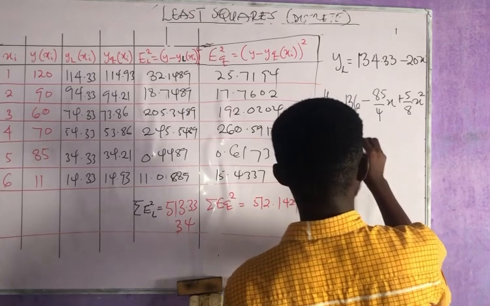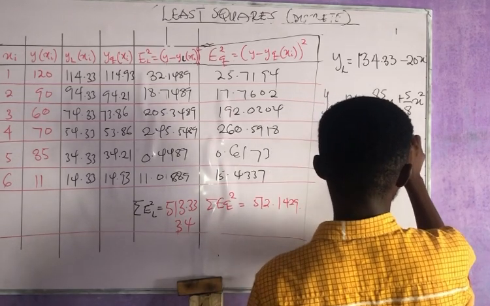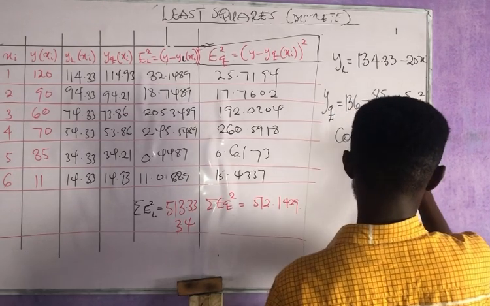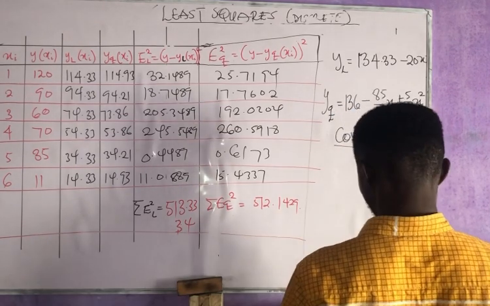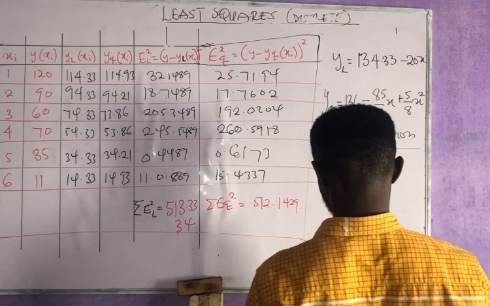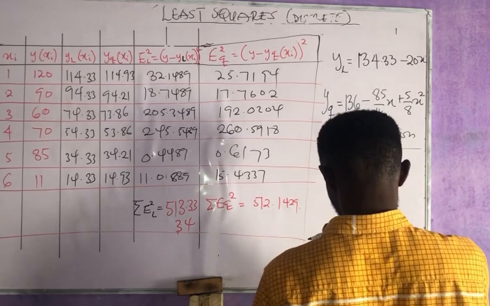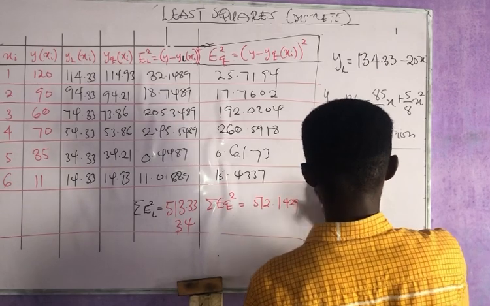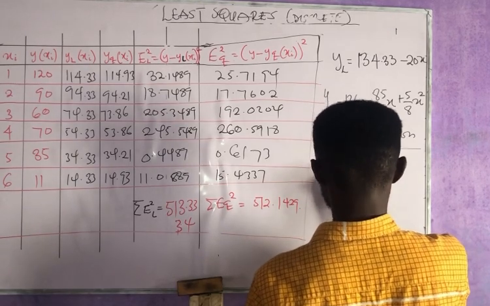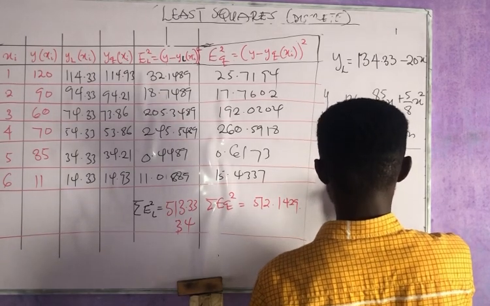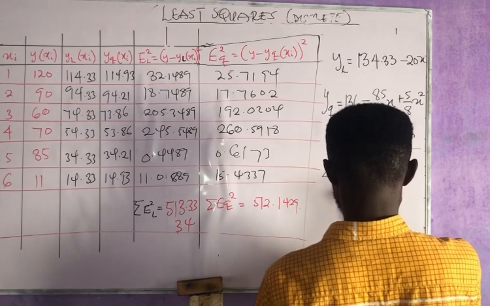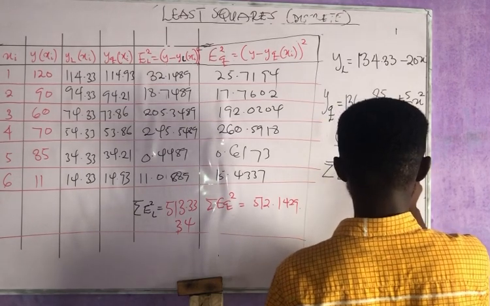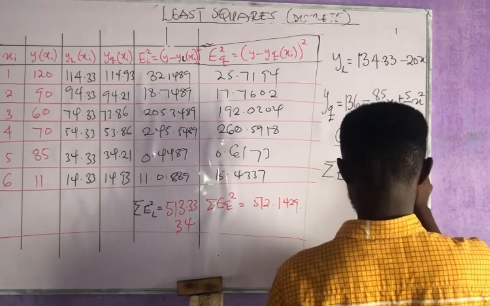So in conclusion, you can say that the summation for this one is less than the summation for the other.